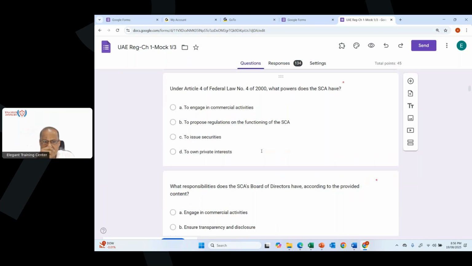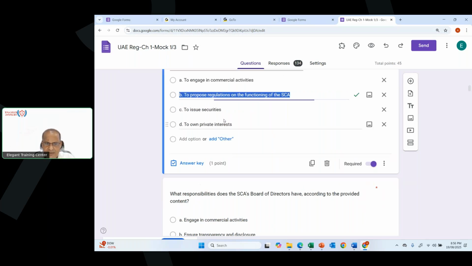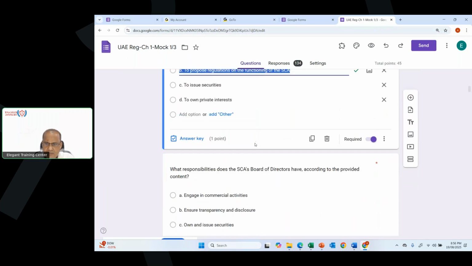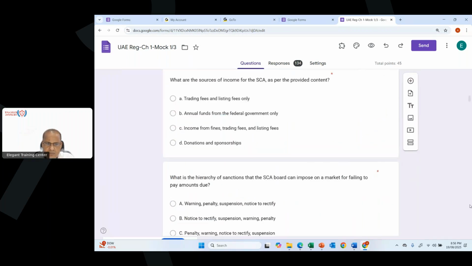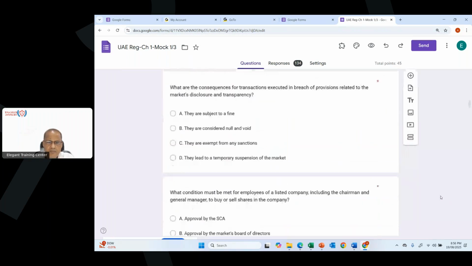What are the powers of SCA? B. Very good. Next. The consequences of transactions executed in breach of provisions.